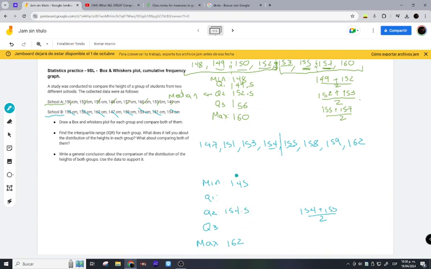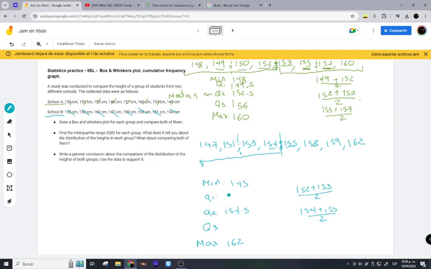centimeters. Since the median is here, we take everything from before to calculate Q1, the first quartile, and half of this half is in between these two numbers. So again, same operation, 152 plus 153 divided by 2.